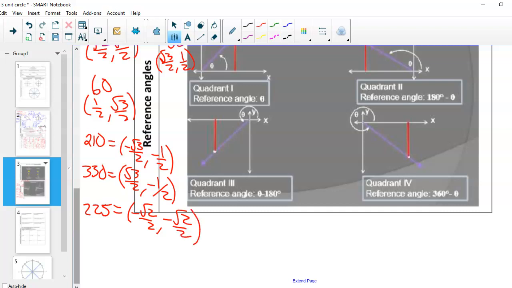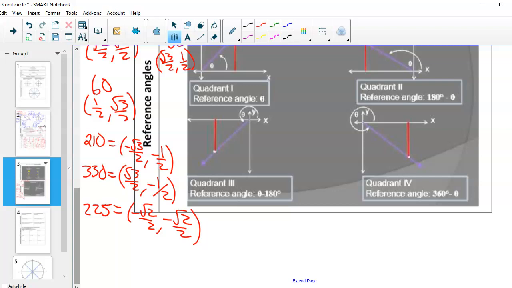The answer is based off the angle you get, but it's for the original angle. So I have a question. Yes. What do you subtract from, 180 or 360? It depends on which quadrant you're in.